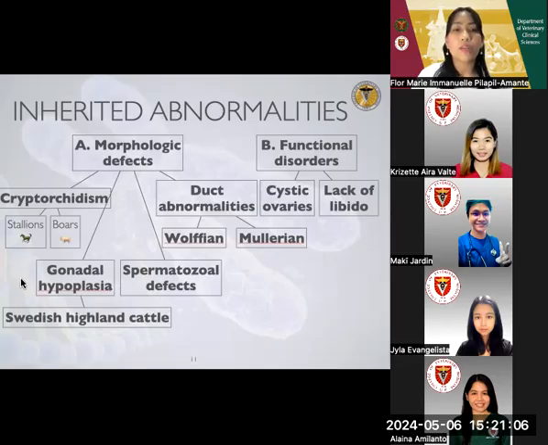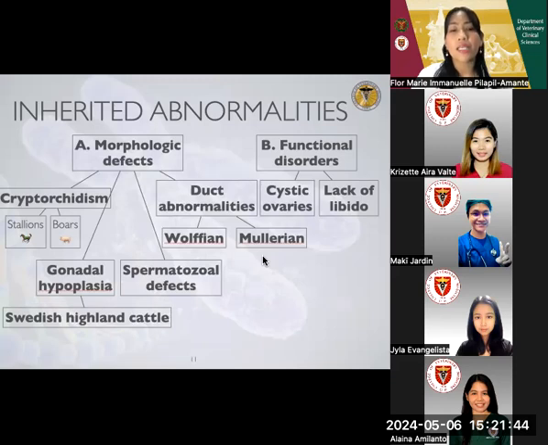Okay, moreover, we have gonadal hypoplasia, which is evident in a particular breed of cattle, the Swedish Highland cattle. So this is a beef type cattle, not dairy. Okay, we can also experience some spermatozoal defects. And for duct abnormalities, either on the male side, the Wolffian duct, or the female side, the Mullerian duct, there is underdevelopment of certain ducts.